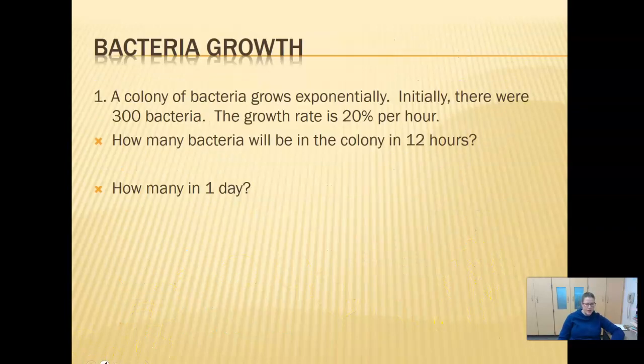Any of those would work. Okay. All right, so let's look at some examples. A colony of bacteria grows exponentially. Initially, there were 300 bacteria. So remember my little equation here, y equals a times b to the x. In this example, the initial bacteria would be a. Remember that a is the initial amount.